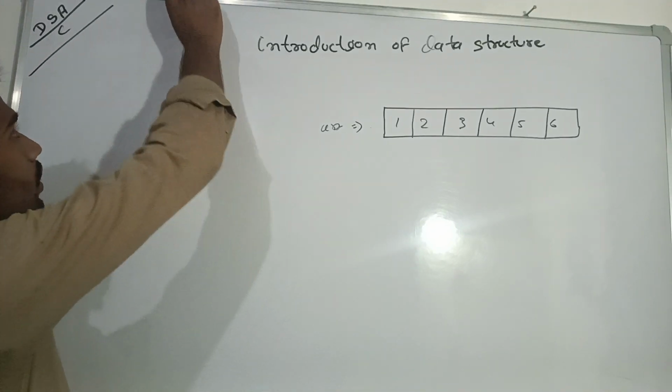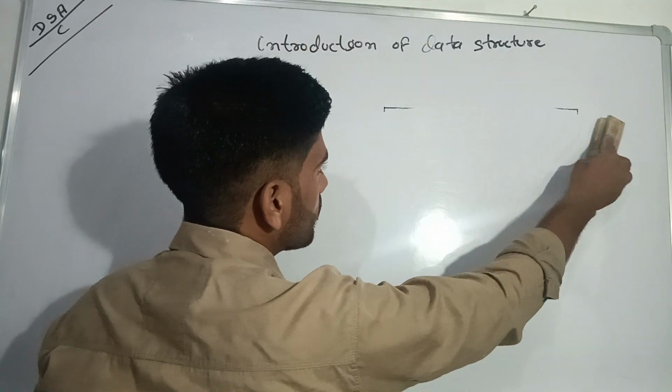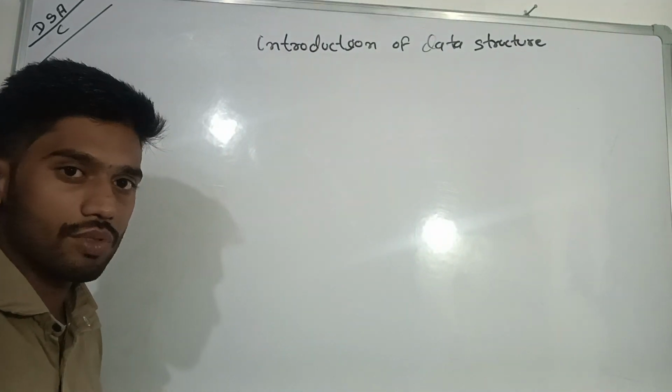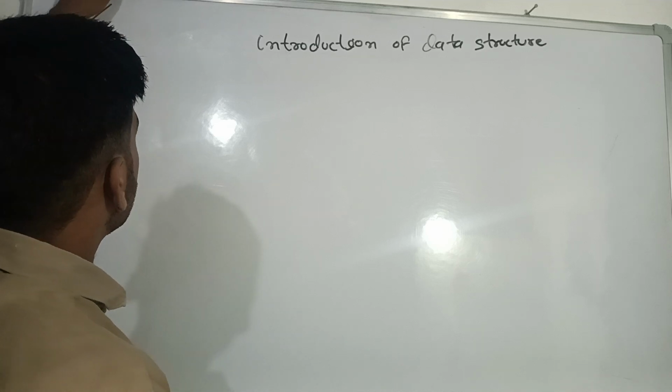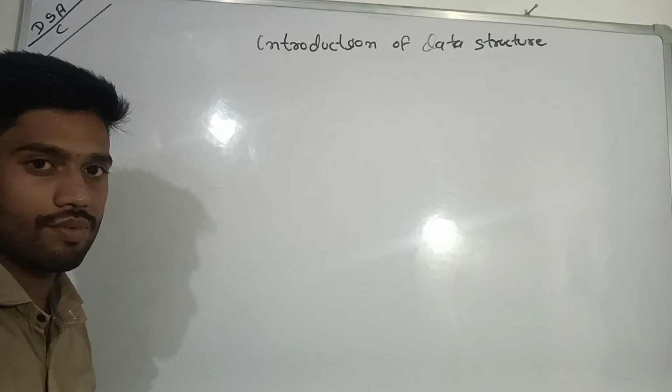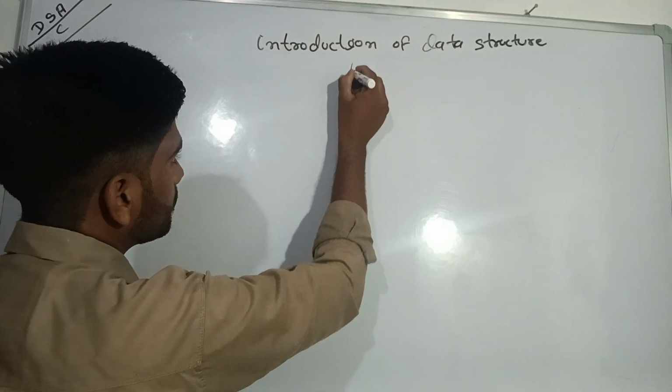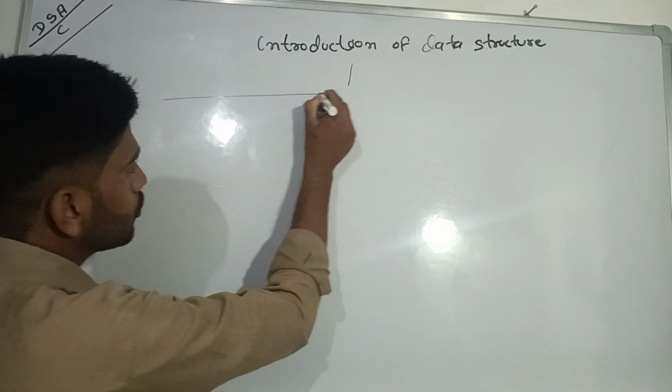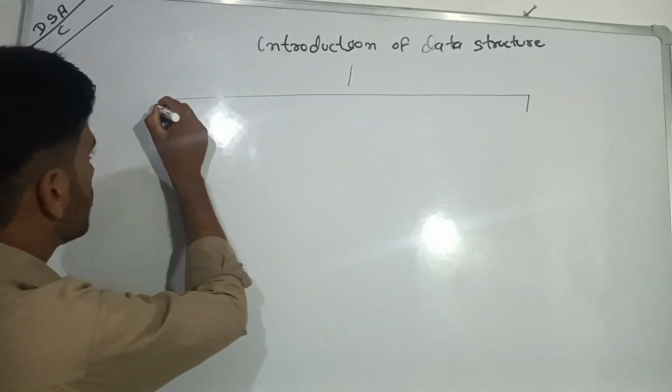Right now we will see the types of data structure. Basically there are two types of data structure.